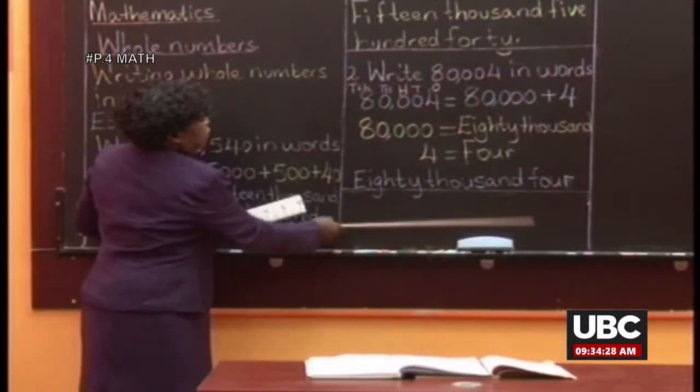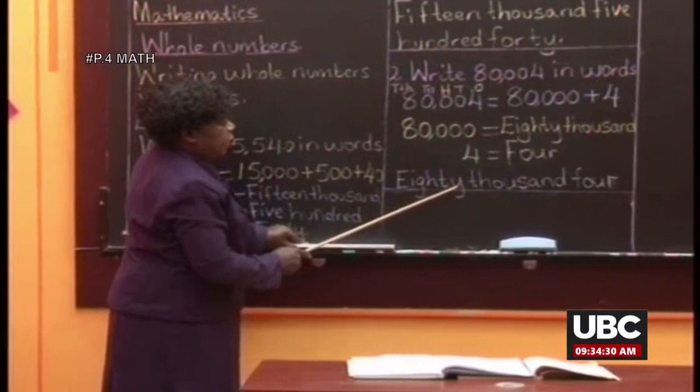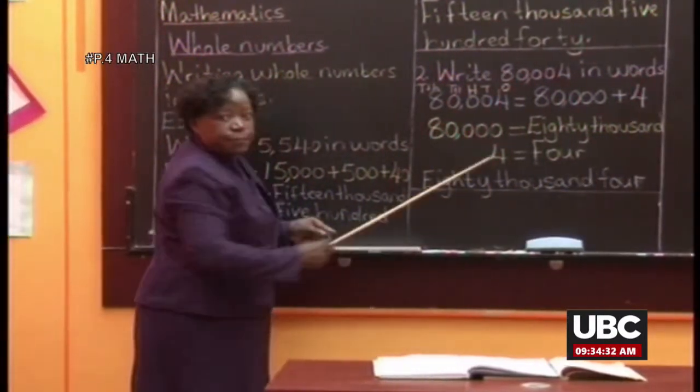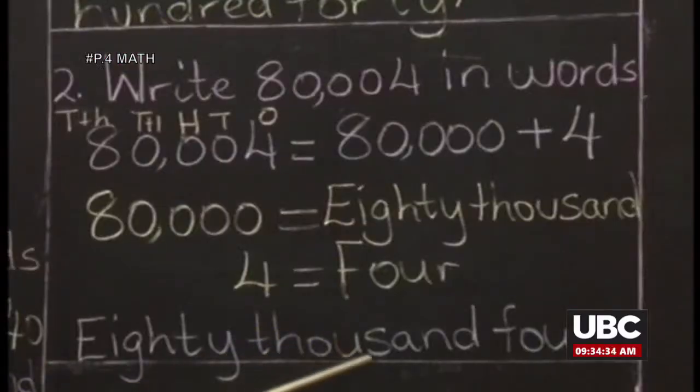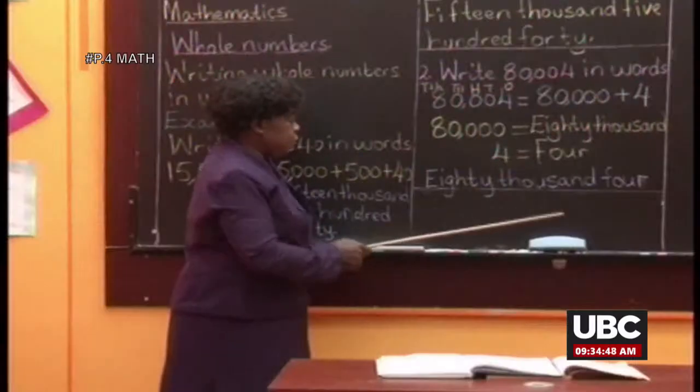So our answer to this number in words is 80,004. I want to give you a short activity, and I see whether you can now clearly write figures in words.